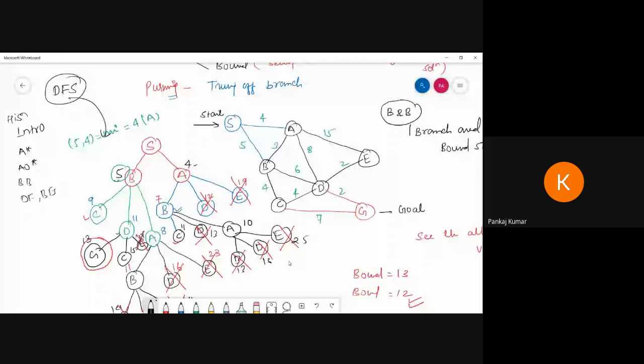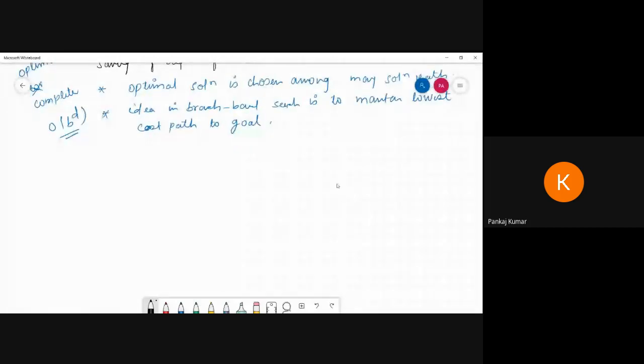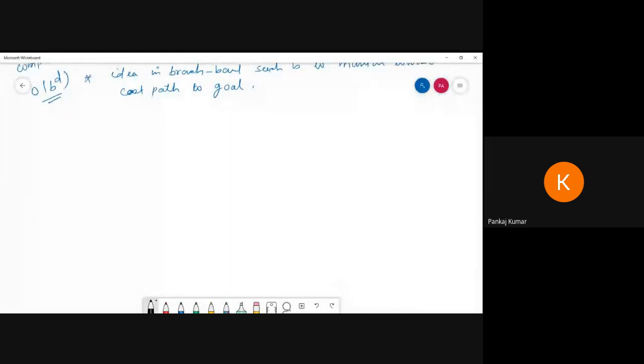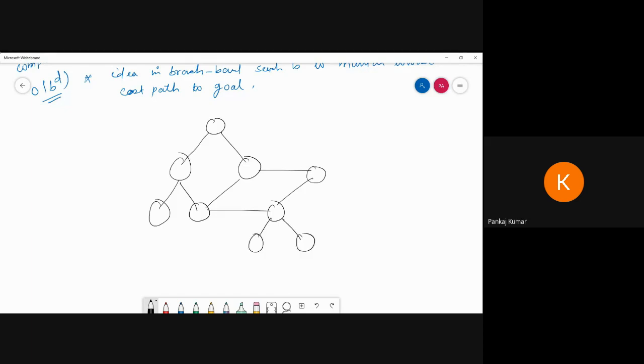Can you do this question just for practice? And the heuristic value is given like this.